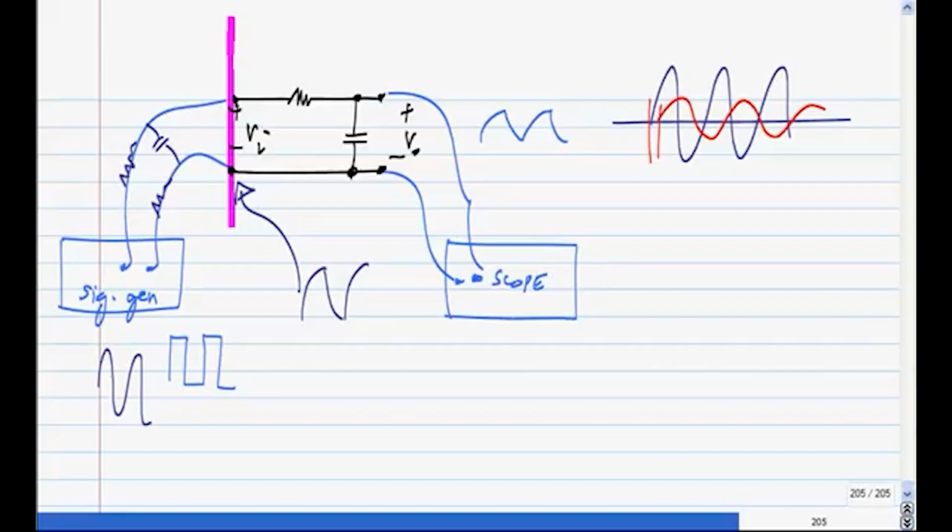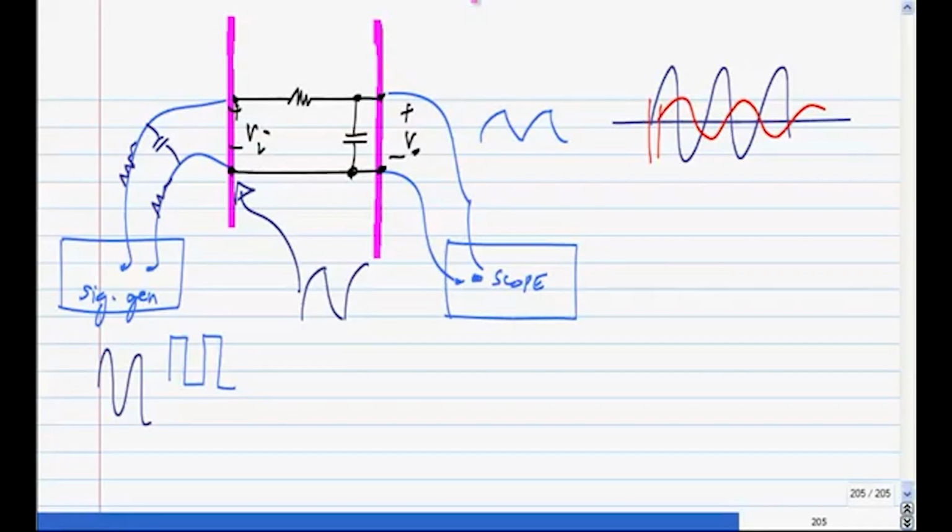Now I took this test circuit itself as an RC circuit, but that's not necessary. This could be anything. Typically amplifiers are tested like this. You measure amplifiers with sinusoidal inputs, and let's say it's an audio amplifier, you have some range of interest like 20 hertz to 20 kilohertz. You have sinusoids of different frequencies, measure the response and see how it behaves. So if you see amplifier data sheets, they will give you the frequency response.